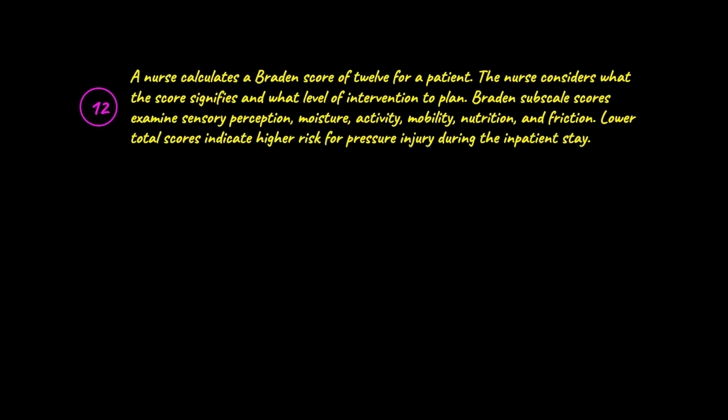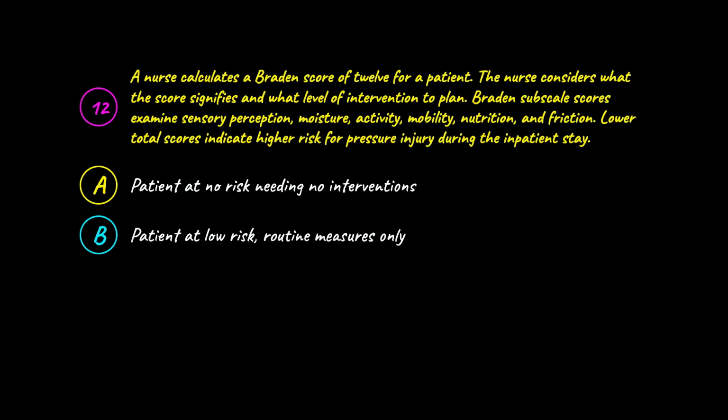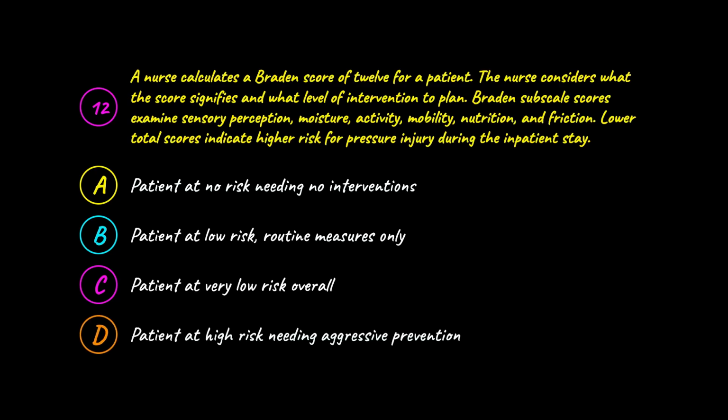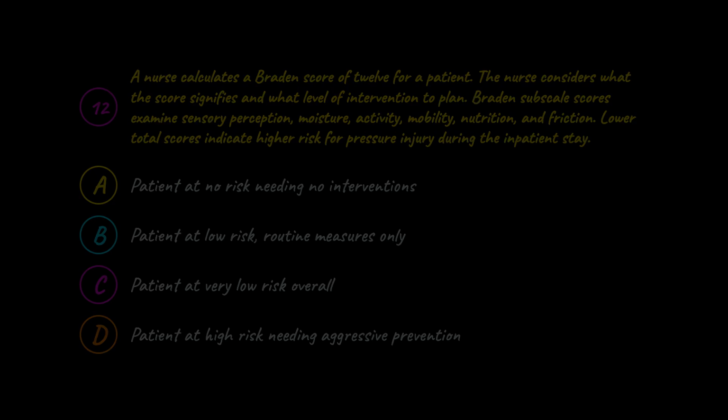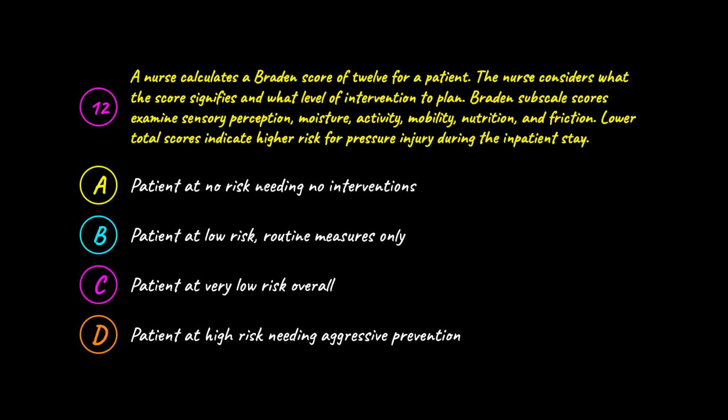Your options are A. Patient at no risk needing no interventions. B. Patient at low risk, routine measures only. C. Patient at very low risk overall. D. Patient at high risk needing aggressive prevention. What's your answer? Commit to one before I continue.